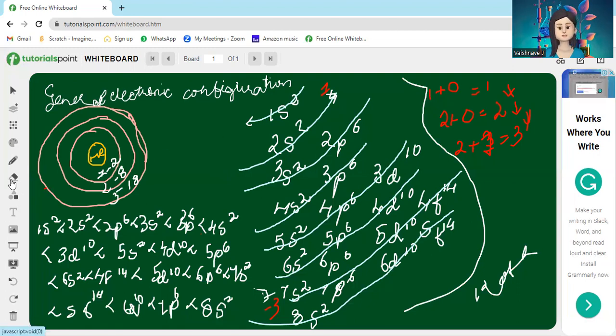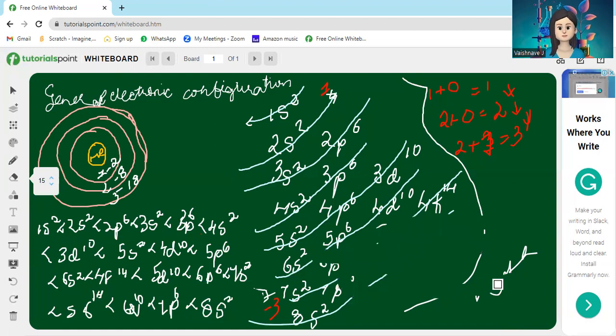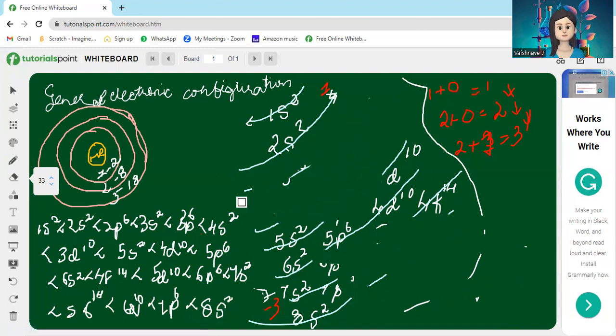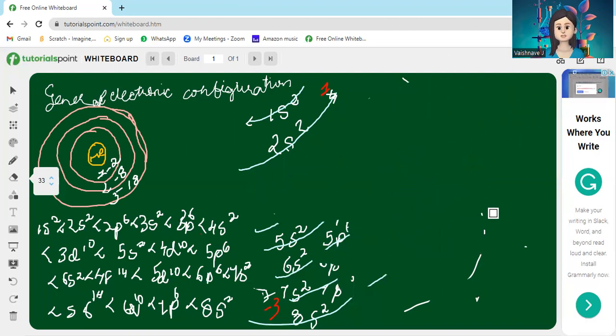Let me erase this. I'll increase the size. Now we will see how to write electronic configuration as we have the order with us.